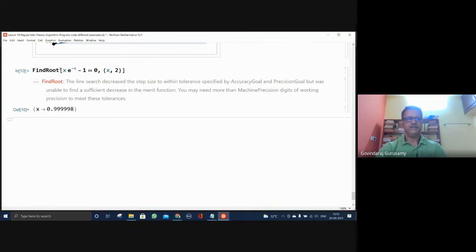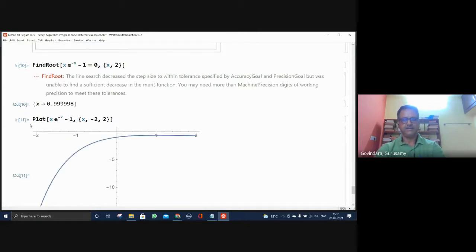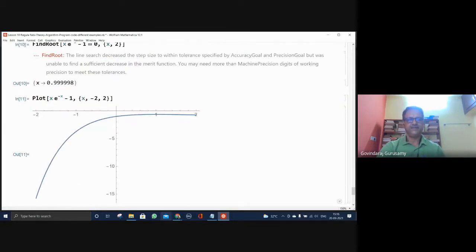Okay, so what do I do? Plot the function and get an idea about what is going to happen. You know what's happening now? Why is this statement coming and what is really going on? What is the problem?